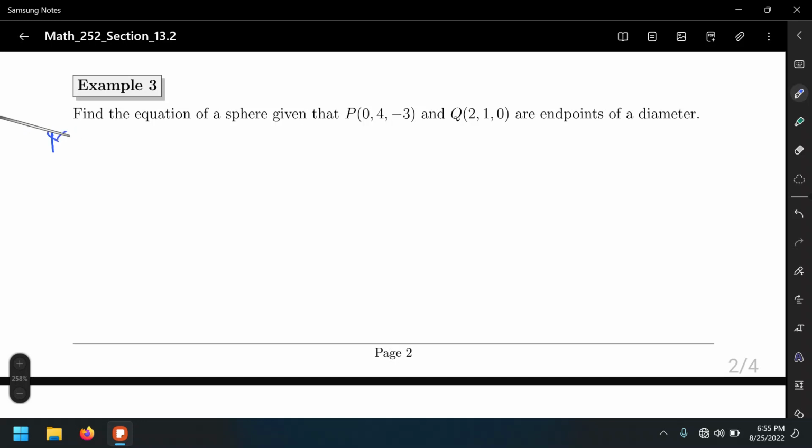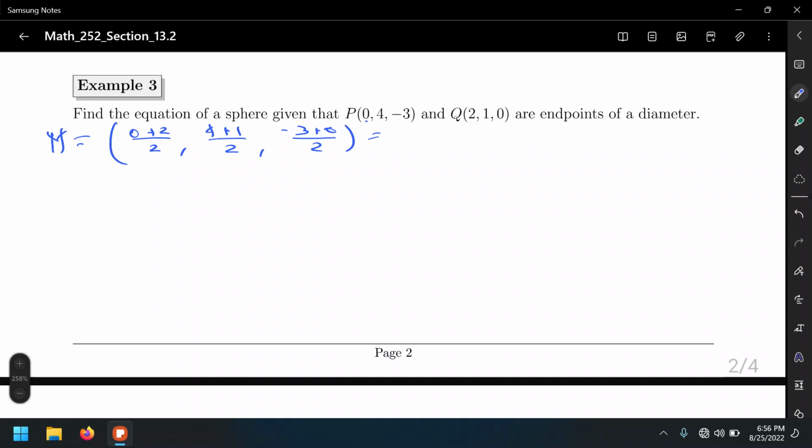So M, the midpoint, is (0 plus 2) over 2, comma, then the y's, (4 plus 1) over 2, and (-3 plus 0) over 2.